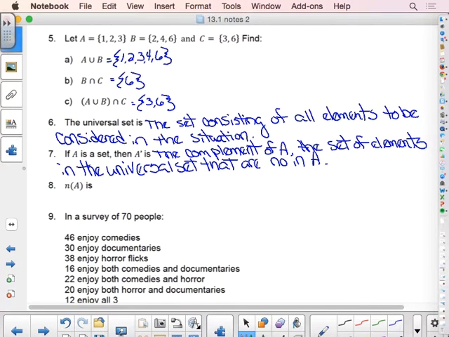And this n of A simply means the number of elements in set A.